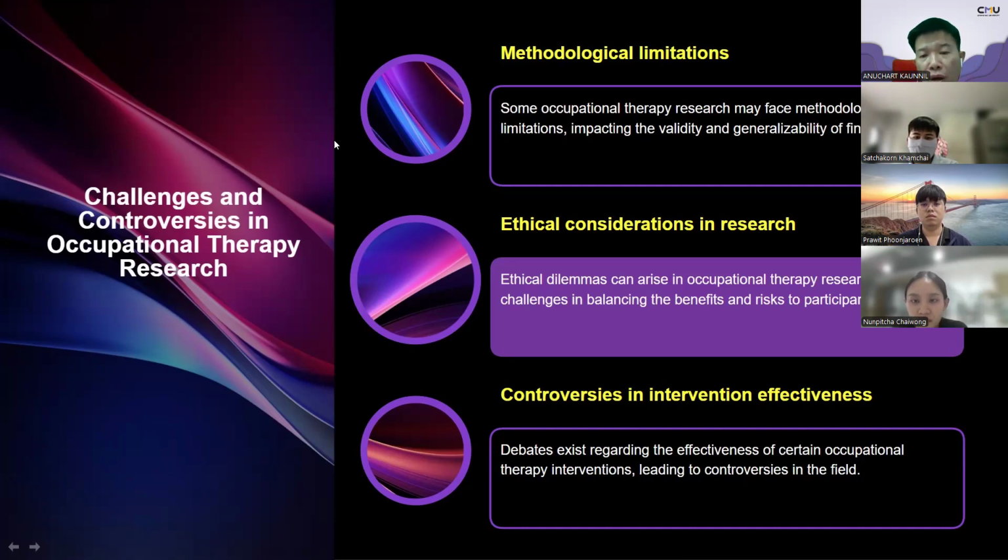The third is controversy, meaning contradictions and debate about whether an intervention is effective or not. Most occupational therapy is not 100% successful. It depends, because we use occupation as a therapeutic medium, right?